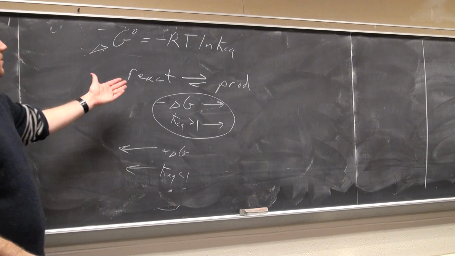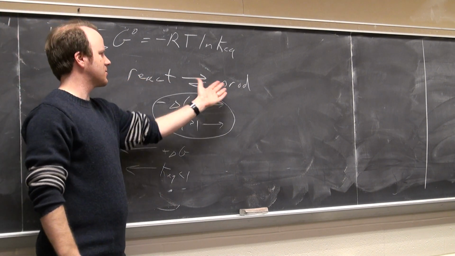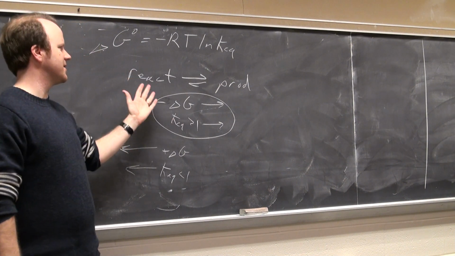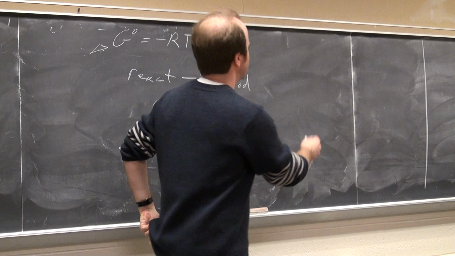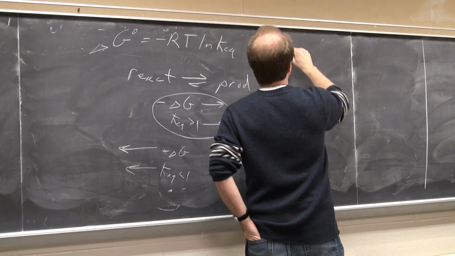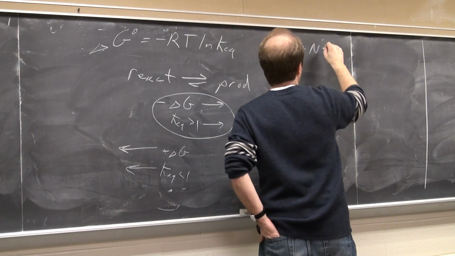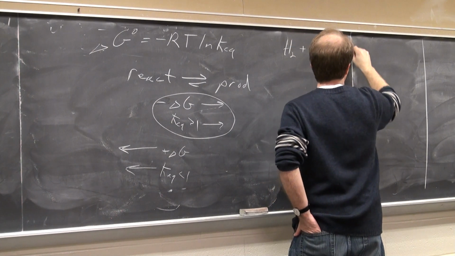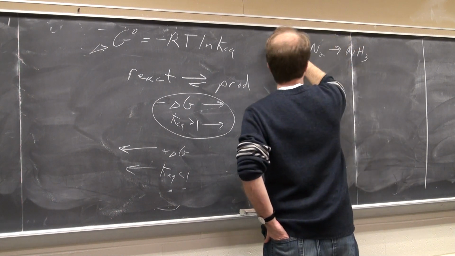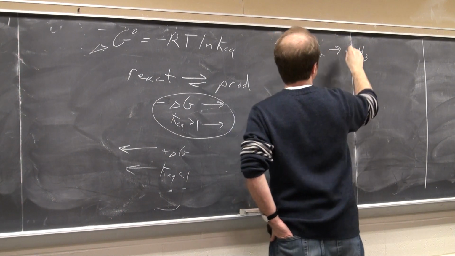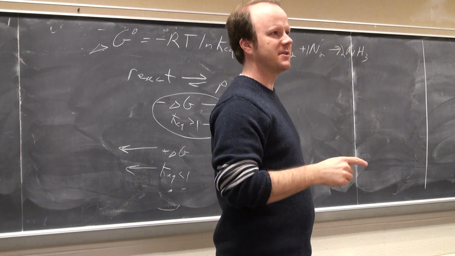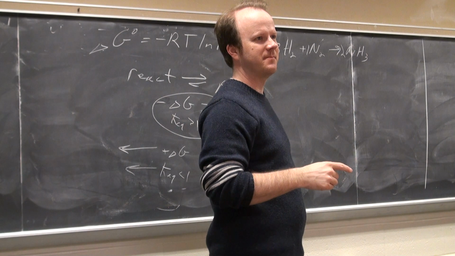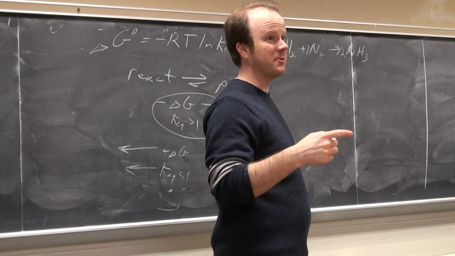So this equation as written, we have reactants on this side, products on this side. That's fine. So let's say we have H2 plus N2 goes to NH3. The delta G0 of reaction for this is positive, negative, or 0?